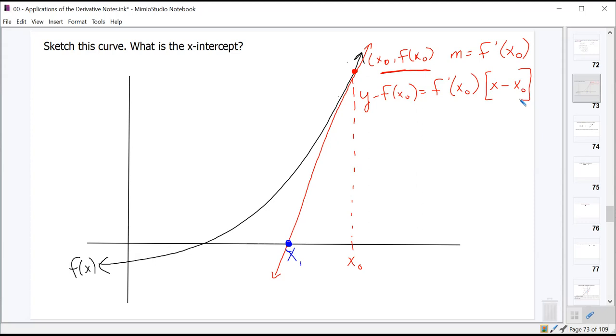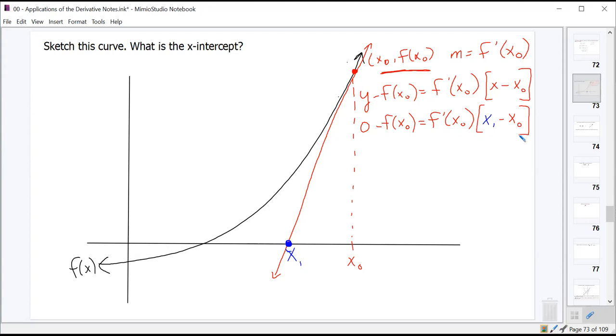So I'm going to replace the y in my equation with 0 and get 0 minus f of x naught equals f prime of x naught times my x value, which is x1 minus x naught.